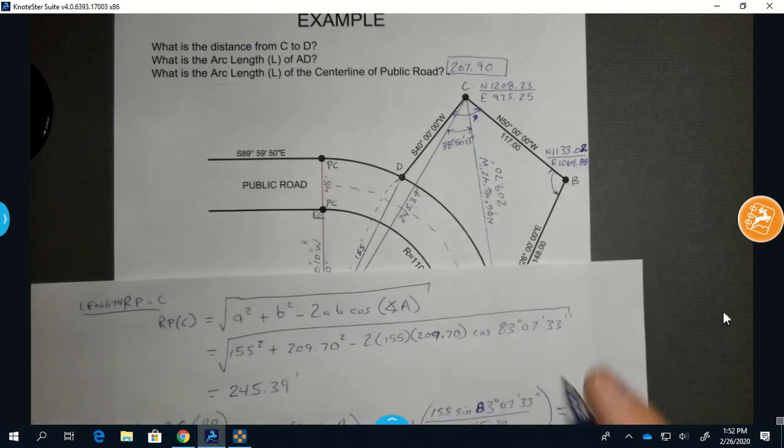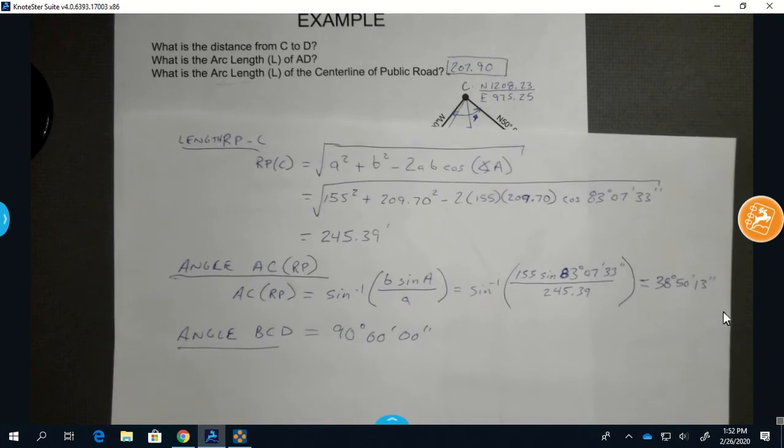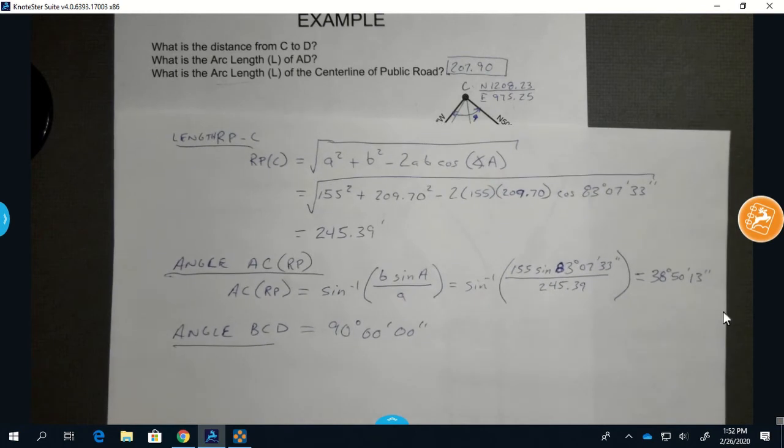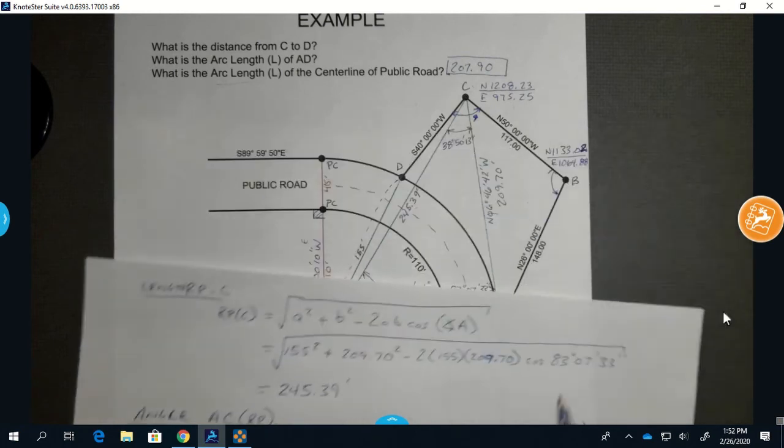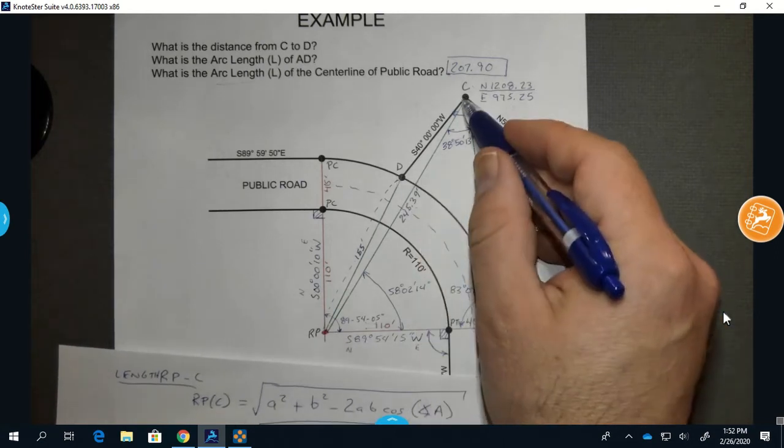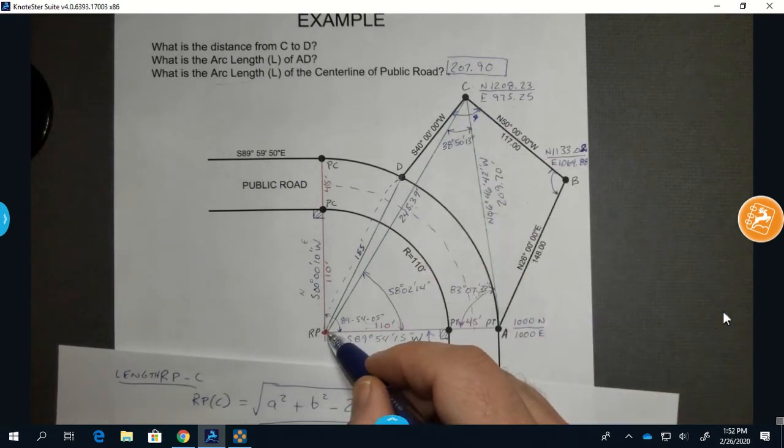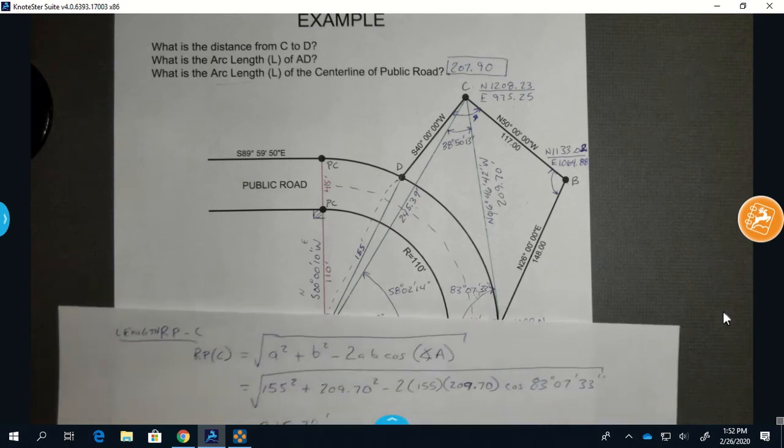Alright, so then let's solve for angle DCRP. We're going to solve for that one next.